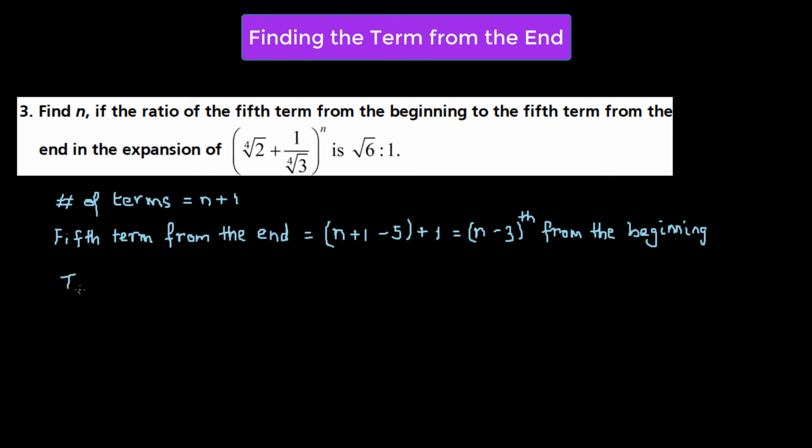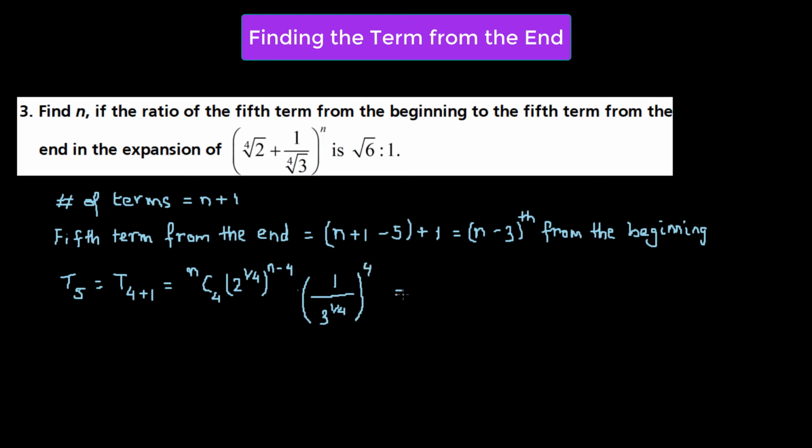So that is t5, which will be equal to t4 plus 1, equal to nC4. The first term is the fourth root of 2, which could be written as 2 raised to the power of 1 over 4, whole raised to the power of n minus 4, times 1 over 3 raised to the power of 1 by 4, the whole thing raised to the power of 4.